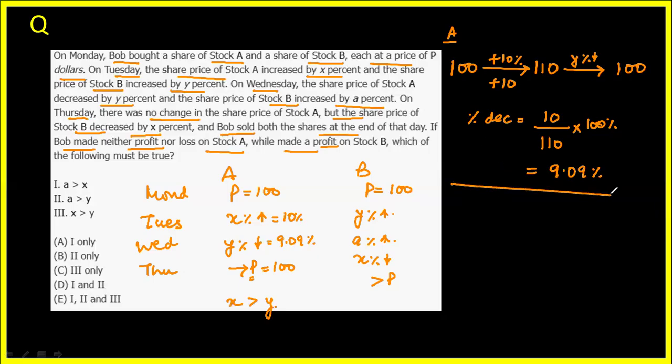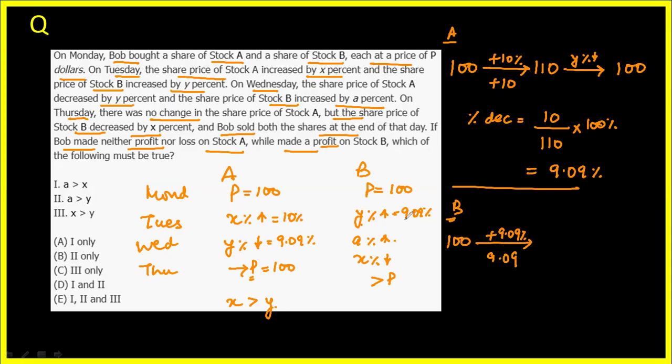Now let's understand what is happening for stock B. For stock B, the price was $100. It got increased by Y, which is 9.09%.